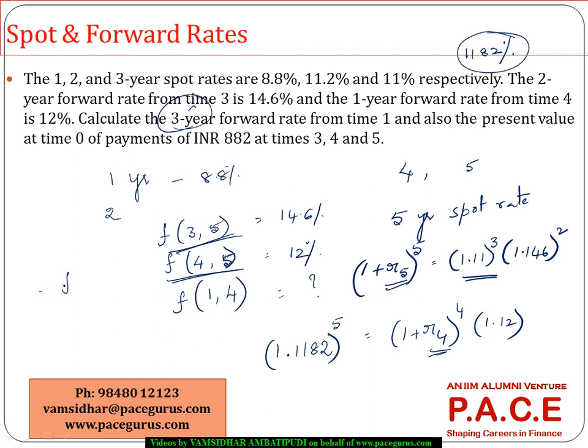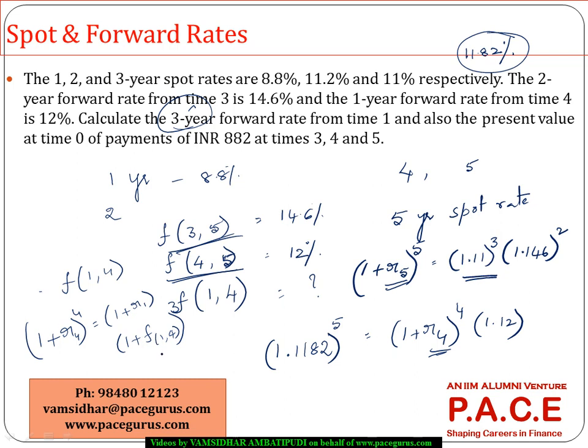Now I can very well compute a 3-year forward from time 1. So all I require is f between 1 and 4. I can take 1 plus r4 to the power 4 is equal to 1 plus r1 into 1 plus f between 1 and 4 to the whole cube. This is for a 3-year period.